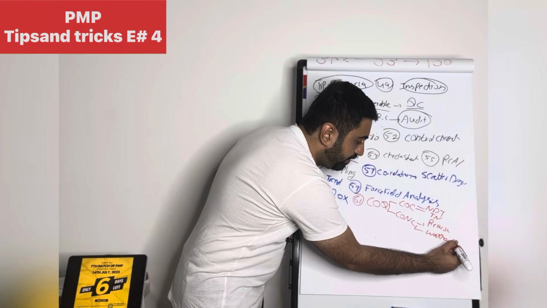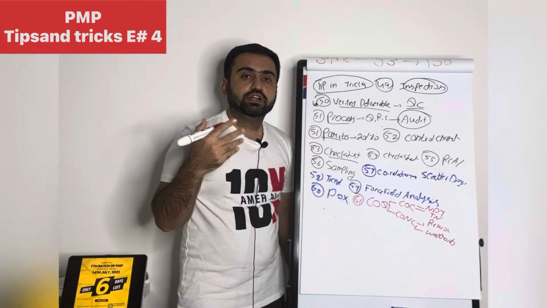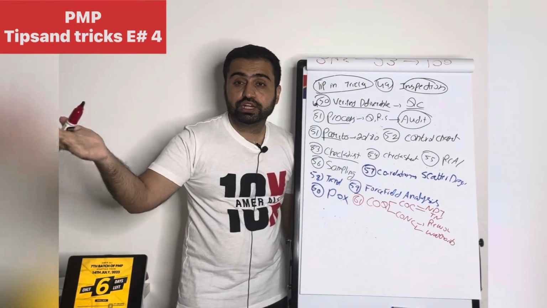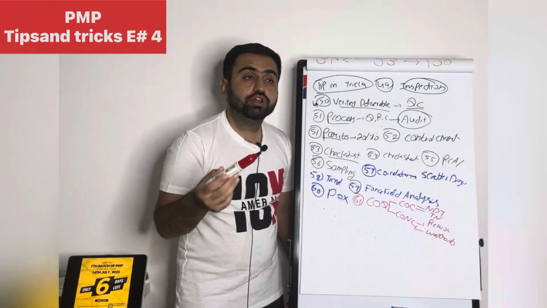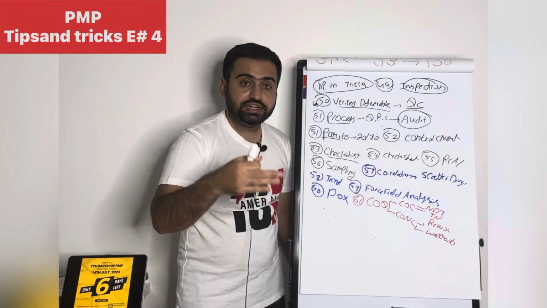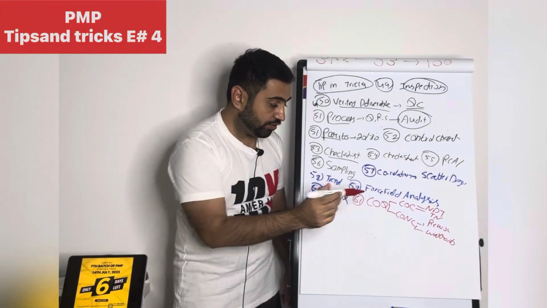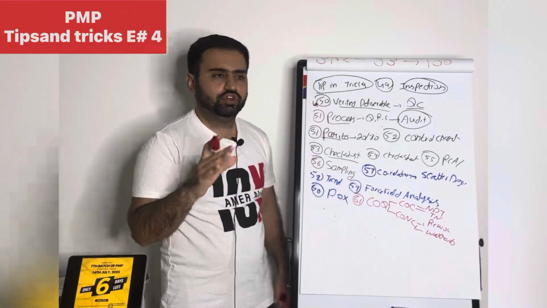In the exam, if the question says the cost is from outside, which one of these costs is it? Normally the answer is warranty cost. Or if you are repairing it inside, is it conformance or non-conformance? You will go with the cost of non-conformance.